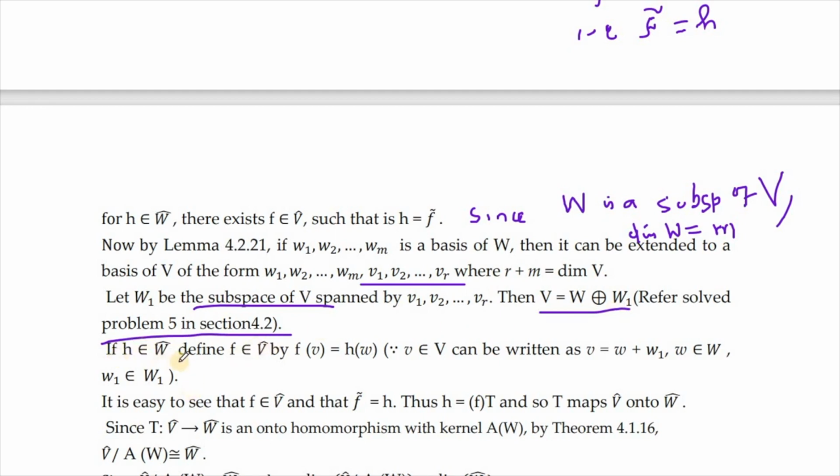So if H belongs to W cap, we are going to define our F in V cap in this way. F of v is equal to H of w. Now the question is, can we define like this? The answer is affirmative. The reason is, because capital V is the direct sum of this and this, you can always write v as an element from W plus an element from W1, as w plus w1.